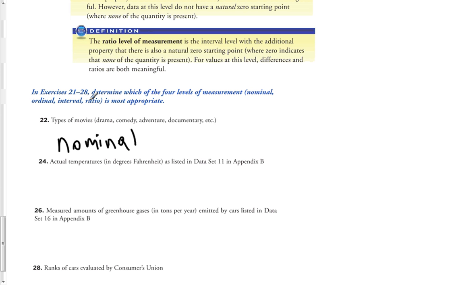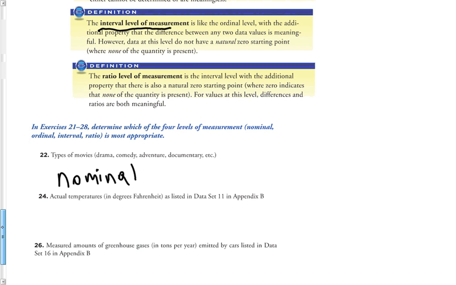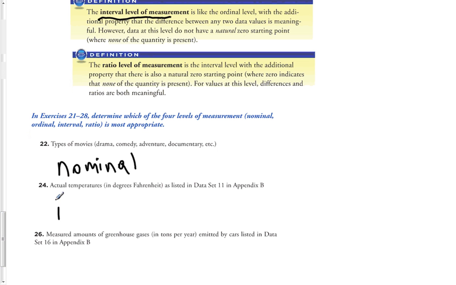And it turns out that in degrees Fahrenheit, 0 degrees Fahrenheit does not mean that there is zero heat present. That would mean there is zero motion. Doesn't mean that there's zero heat present in an object. So that zero is not a natural zero representing the absence of heat. So this is not a ratio level of measurement. This is actually an interval level of measurement.